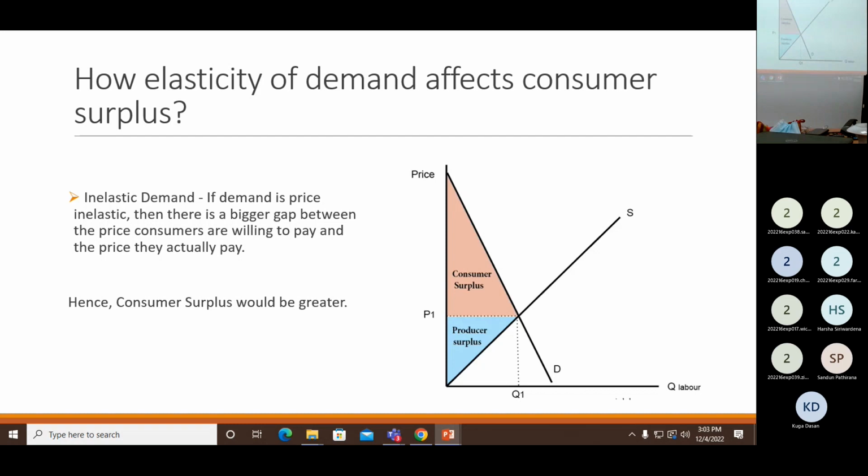If demand is price inelastic, then there's a bigger gap between the price consumers are willing to pay and the price they actually pay. Because the demand curve is inelastic, can you see there's a bigger gap? The maximum price you are willing to pay and the price you ultimately paid, there's a bigger gap. So your consumer surplus will be higher if you have an inelastic demand curve. Right? Consumer surplus would be higher.